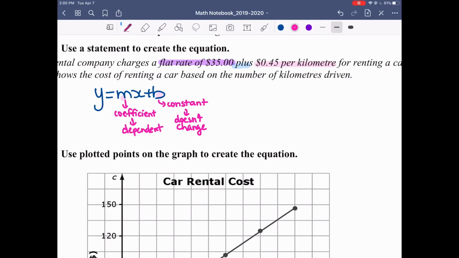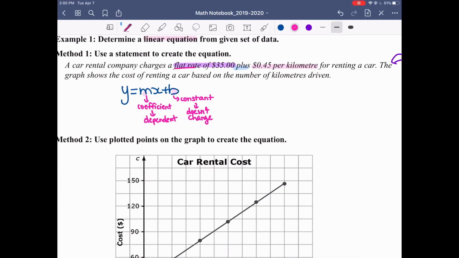Okay, so if we read here, the rental company charges a flat rate of $35. Flat rate means you're going to get charged that amount no matter what, plus $0.45 per kilometer. So based on these two pieces of information, the flat rate is actually the constant, because that's something you're adding no matter what, plus $0.45 per kilometer.